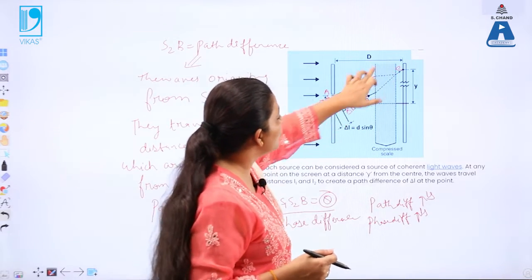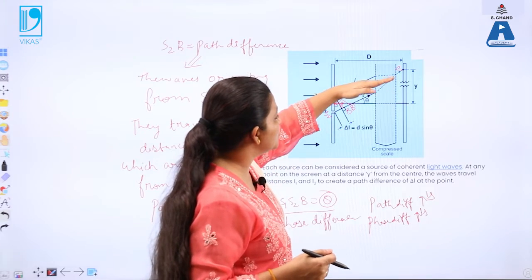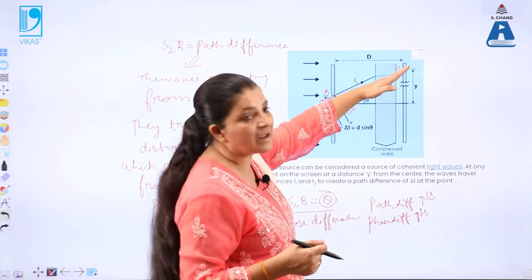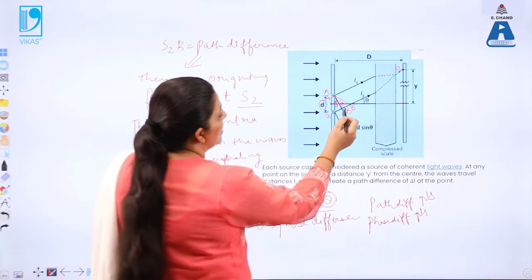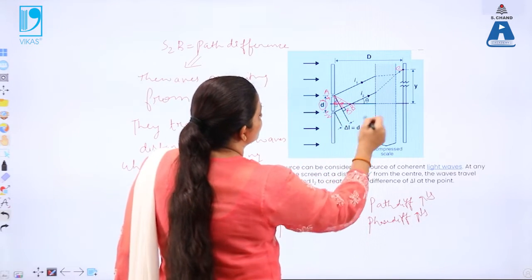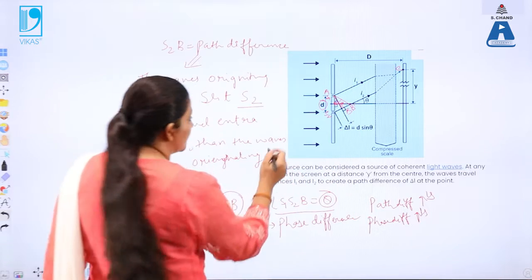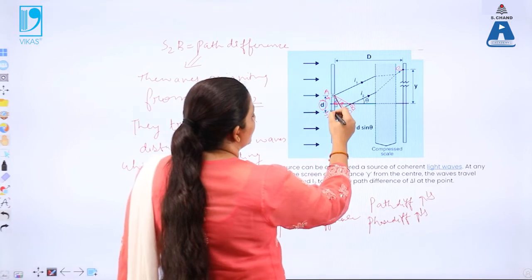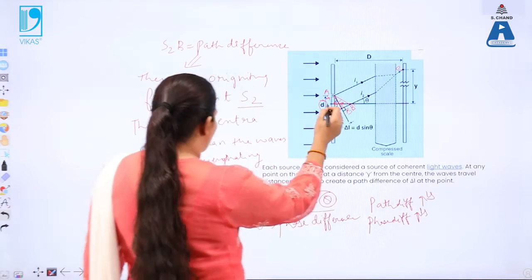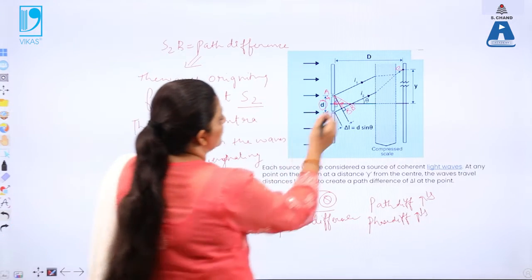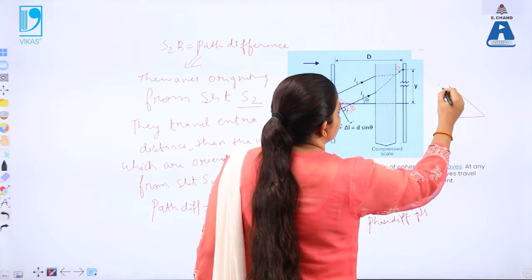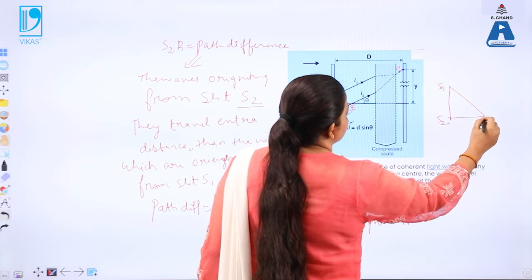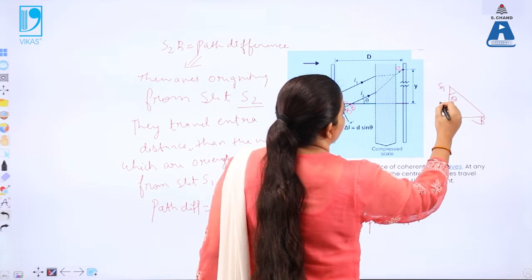Now we want to find out the position of the central maxima and the secondary maxima. That can be calculated by calculating the path difference between these two waves. Here the path difference is S2B. Now in this triangle, this is S1, here is S2 and this is B. Here this angle is theta and that is d.